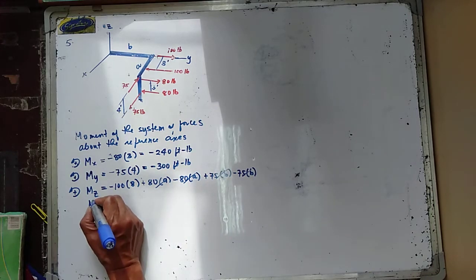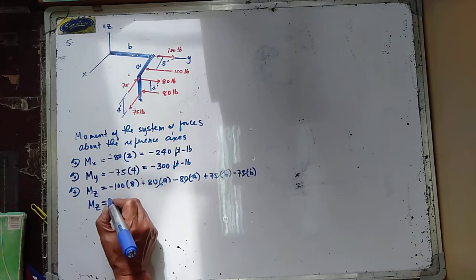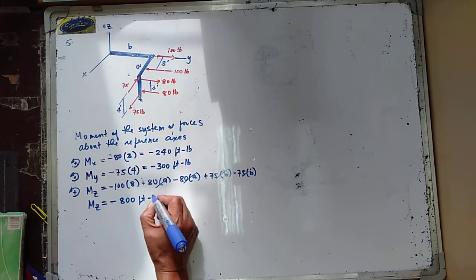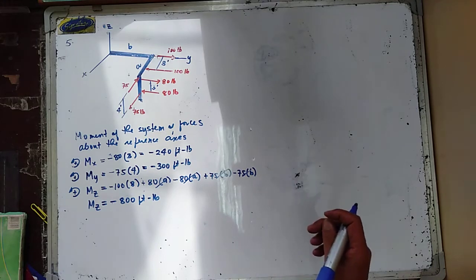So the moment about the z-axis is negative 800 foot-pounds.